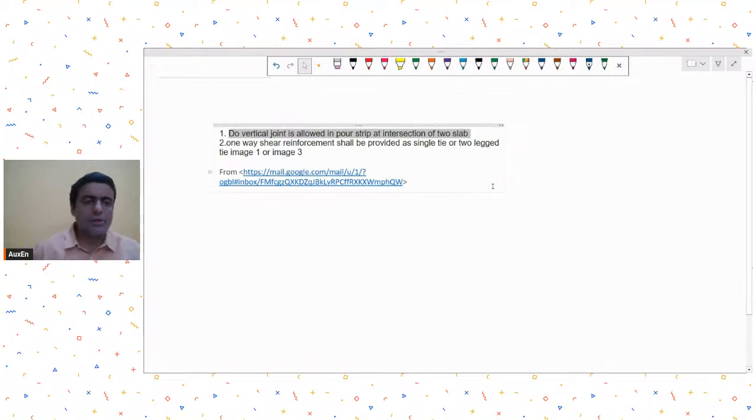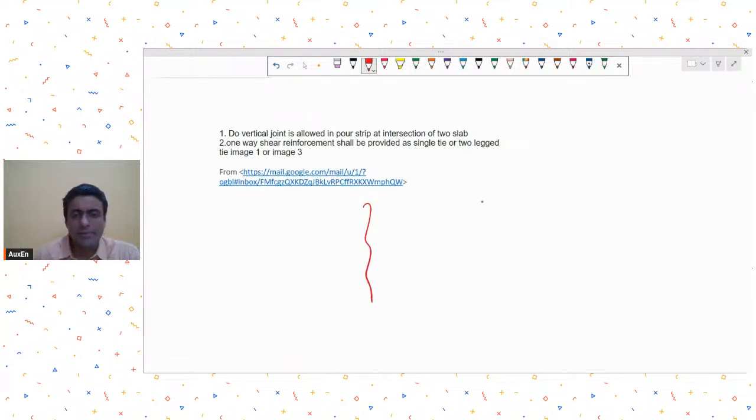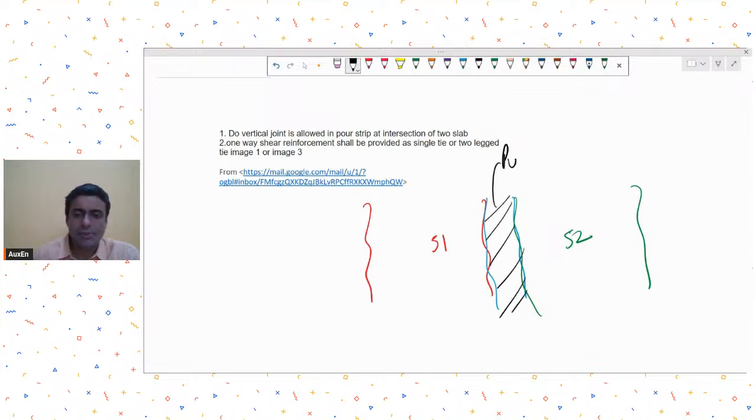I think what he's trying to ask is, suppose in plan, this is my slab panel one, and then I have another slab panel, let's call it slab panel two, and in between these two slab panels, let's say this is my pour strip.